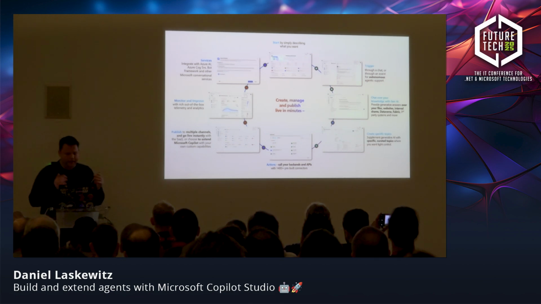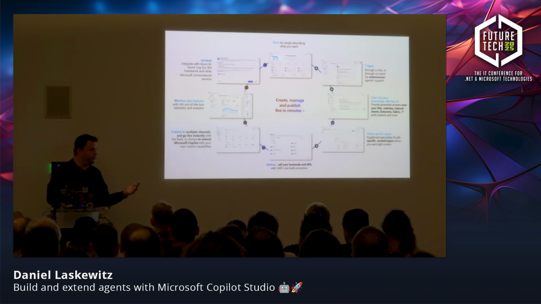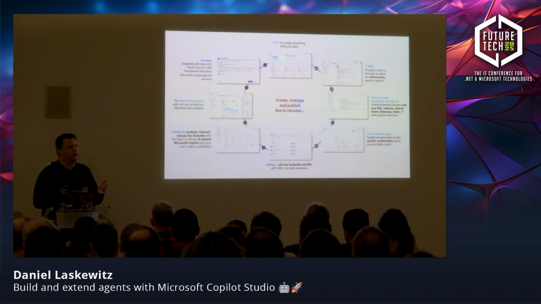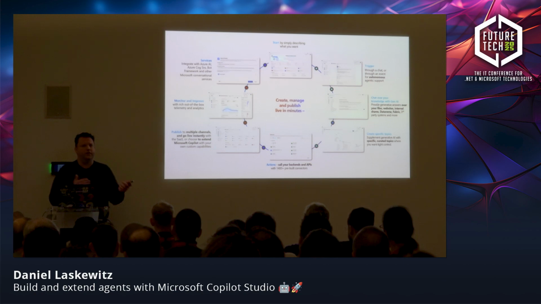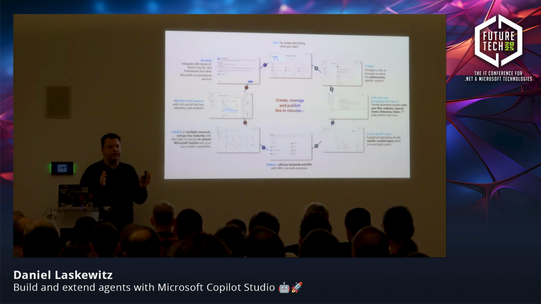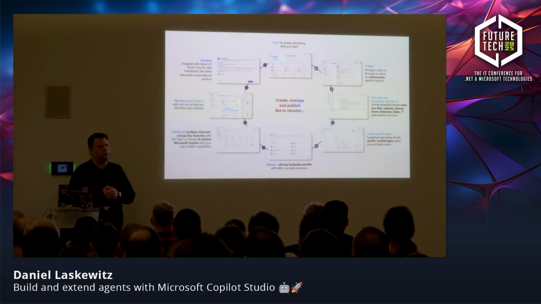The next thing, when you publish your agent and people are using your agents, you of course also want to monitor if your agent is working well, if people are happy with what the agent is offering. So you have a monitor and improve step as well, where you can see the CSAT scores, the customer satisfaction scores, and those will be given by the users at the end of a conversation.